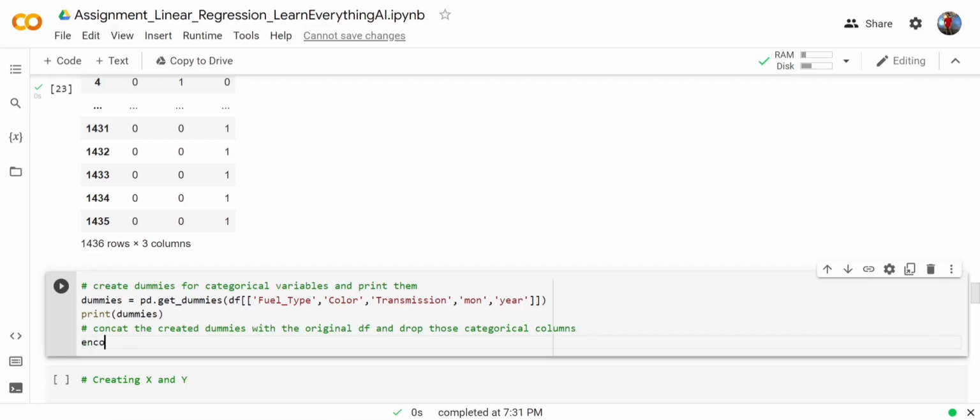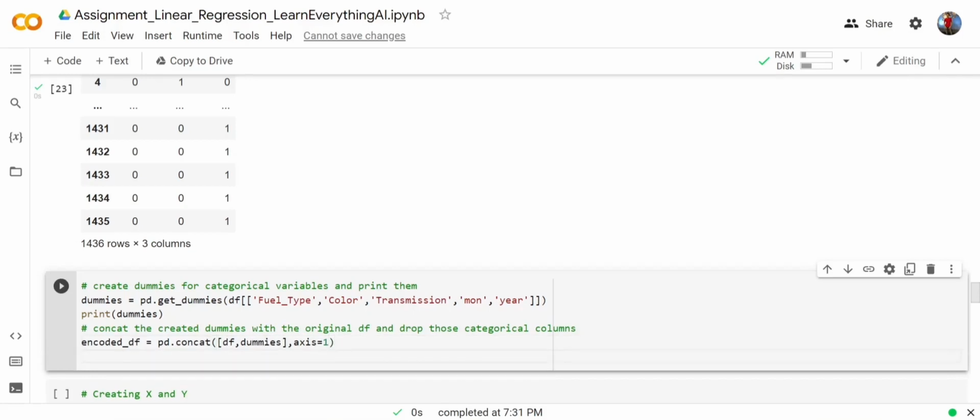So let us create a new data called encoded df, and we will concatenate the dummies values to the original data set, and we say that we want them as columns, that is axis equal to 1. Then we also drop them from the encoded df, the new data that we have created. So encoded df dot drop, and then we mention which columns we want to drop.